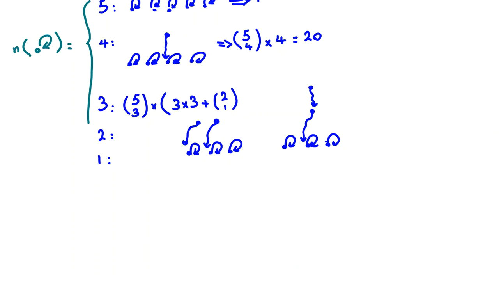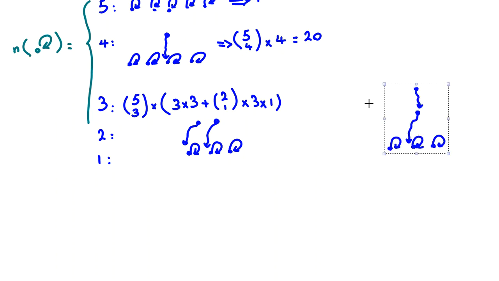Then this one has 3 cases, and this one has 1 case, okay? So if we calculate, it will be what? 5 choose 3 is 10, 3 times 3 is 9, 2 times 3 is 6, 9 plus 6, 15 times 10, 150, okay?